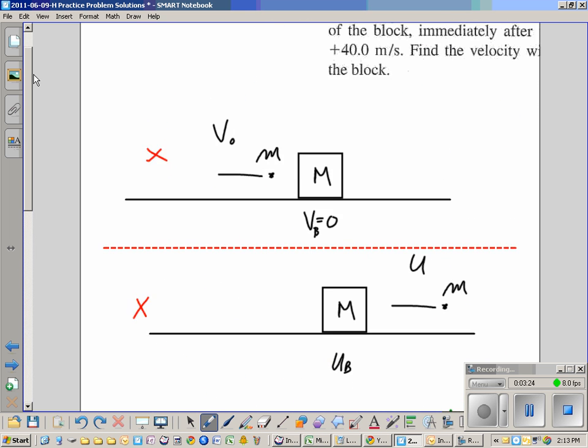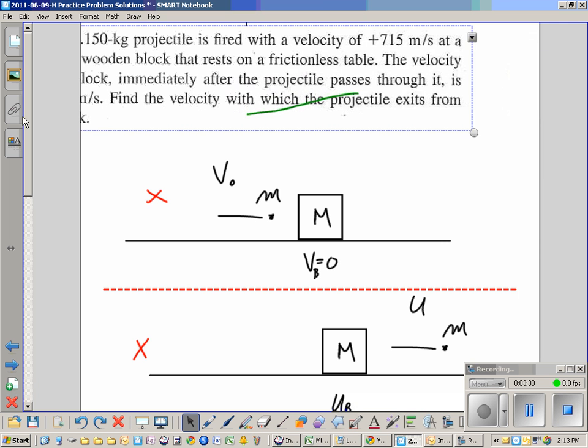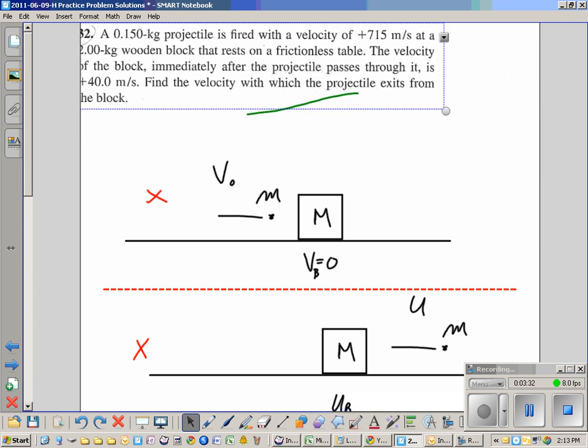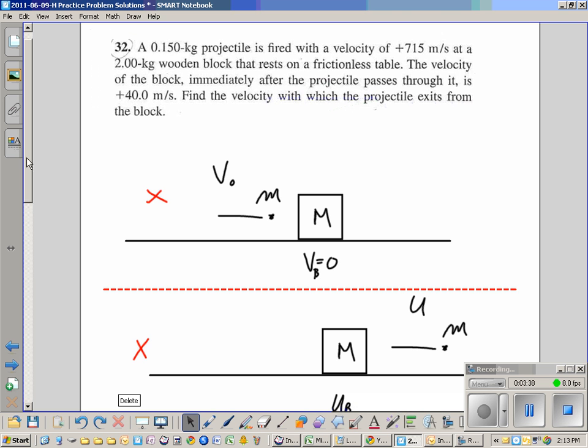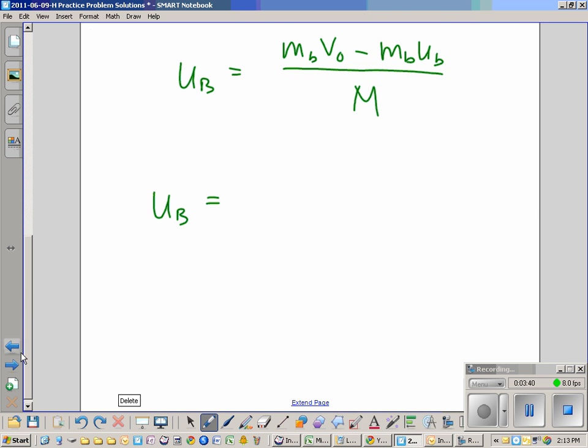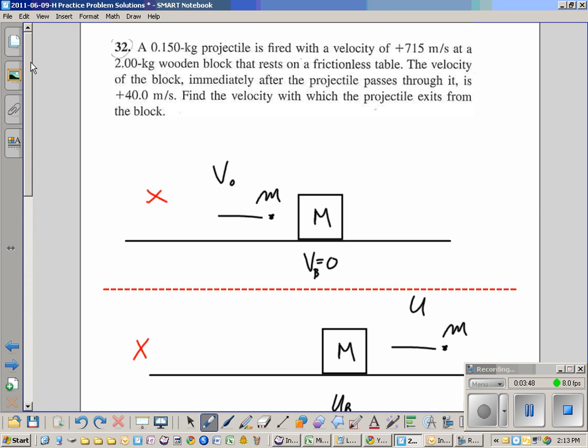Now we have the final velocity for the big block. The mass of the bullet, which was teeny, was 0.150 kilograms, times v naught, which was 715 meters per second.